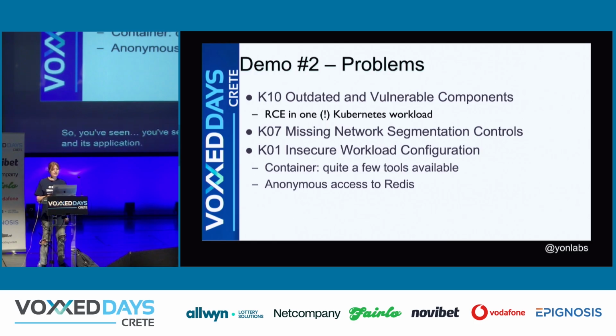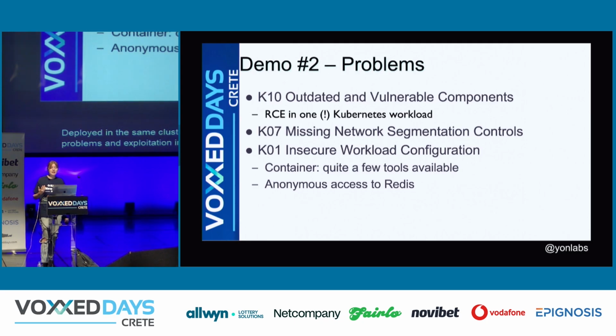First of all, an RCE, remote code execution vulnerability in one Kubernetes workload caused the other workload to be accessible, because these were two workloads, our RCE web app and our demo web app, deployed in the same cluster, and the vulnerability in one of them caused the exploitation of the other.